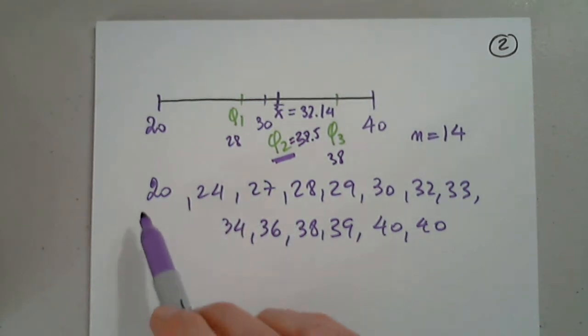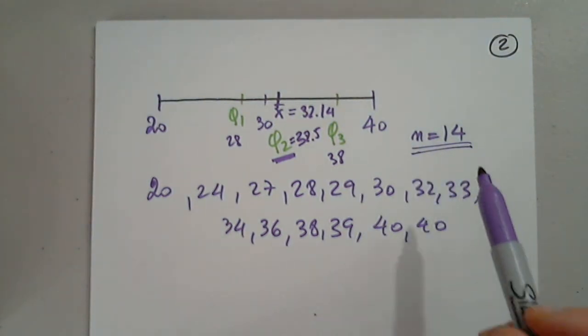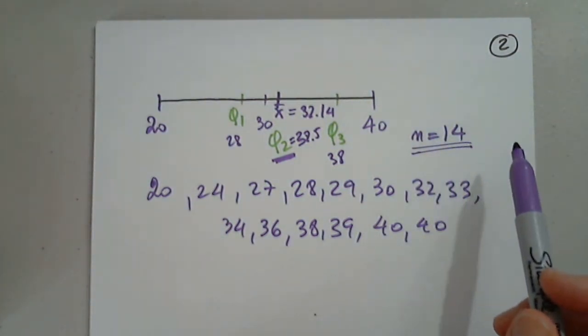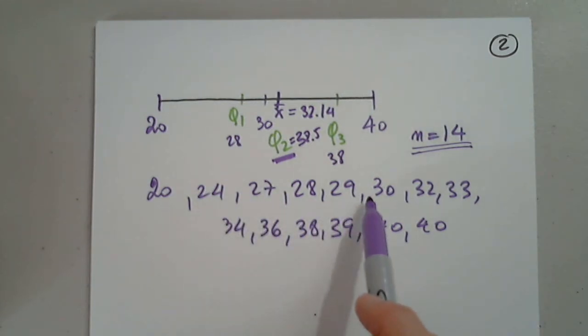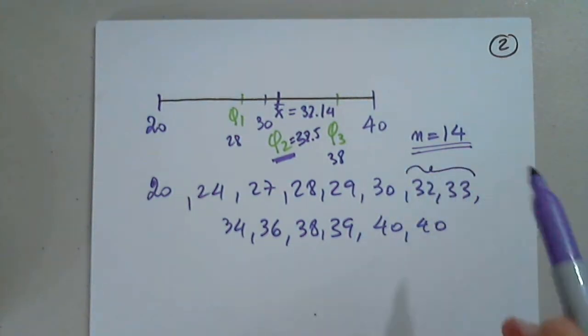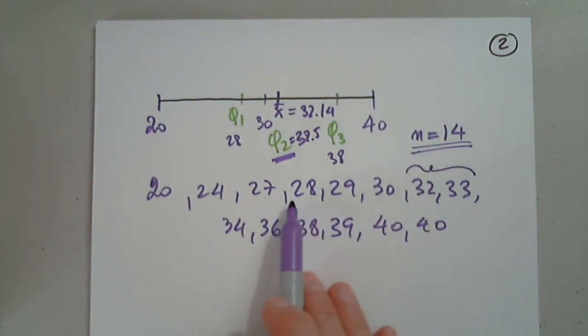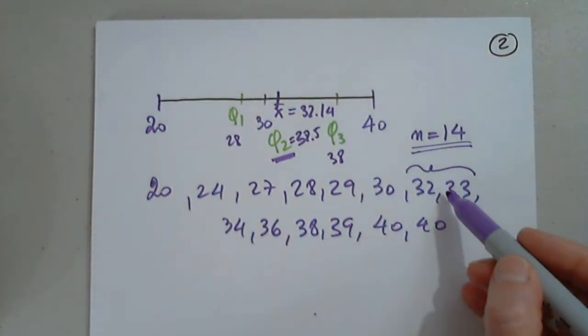So we see, since it's 14, I have to look at the 7th and the 8th observation and determine the Q2. So 2, 4, 6, so 6, 2, 4, 6. So these are the middle two observations. 6 to the left, 6 to the right. These are the middle two.